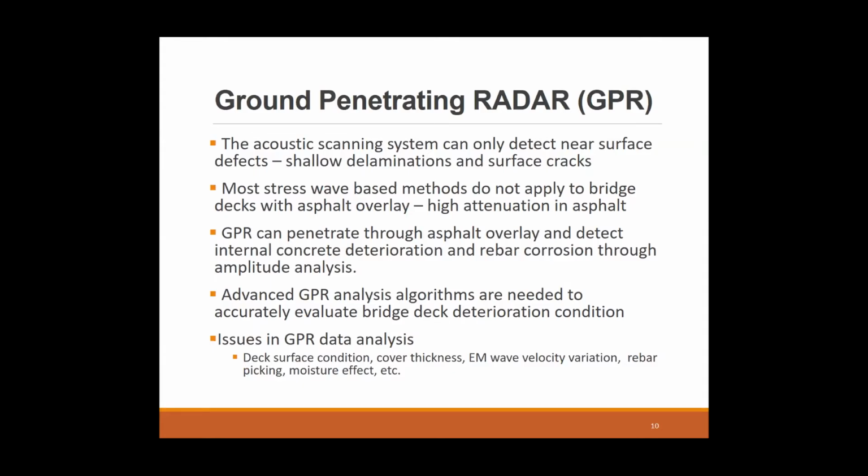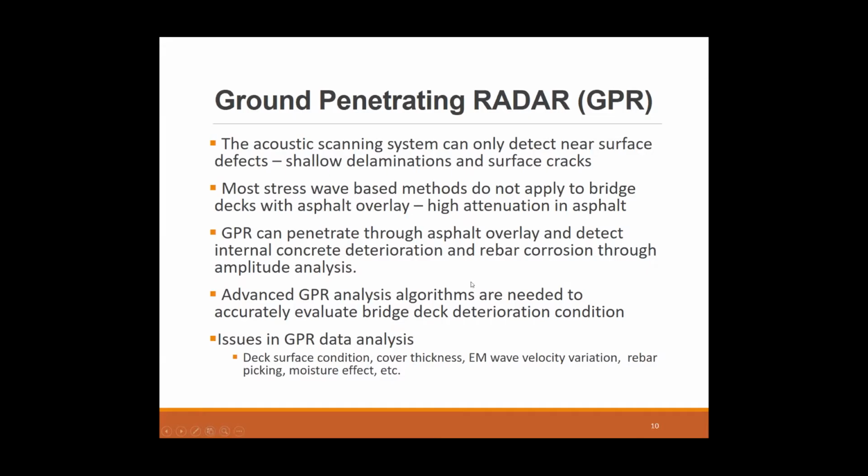For bridge decks with asphalt overlay, those acoustic methods mostly don't work well because asphalt attenuates stress waves heavily. So far, the only commercial system that can work on asphalt overlay bridges is the GPR system. The GPR electromagnetic wave, a radio wave, can penetrate through asphalt overlay and detect internal deterioration.